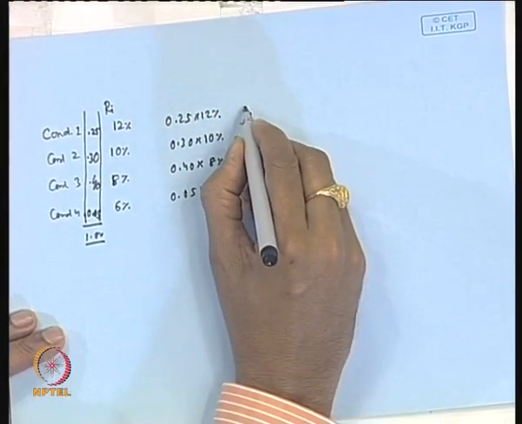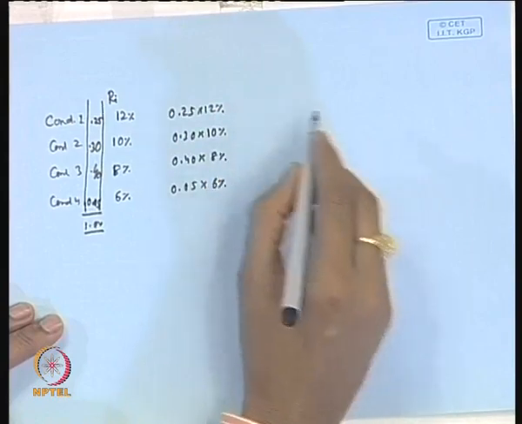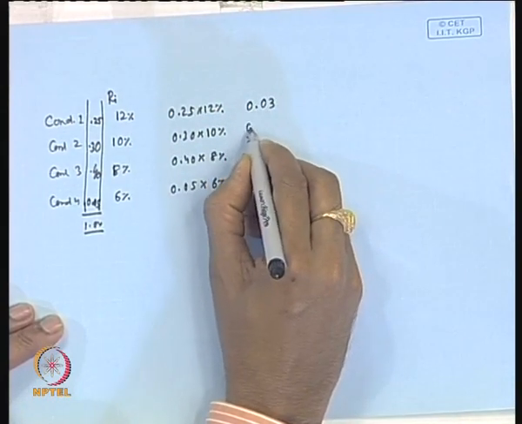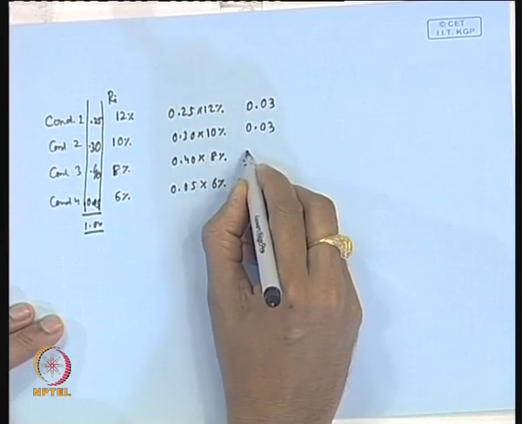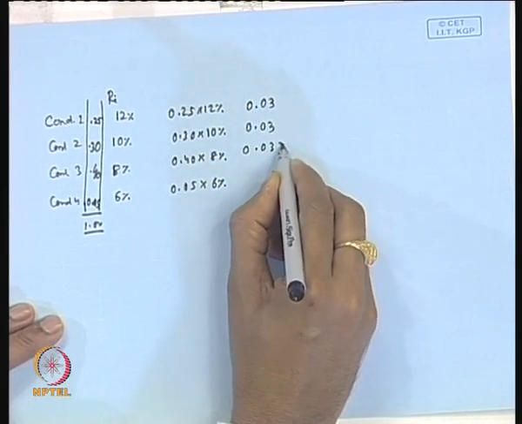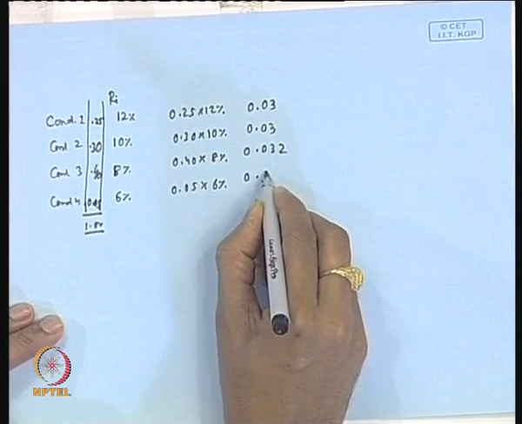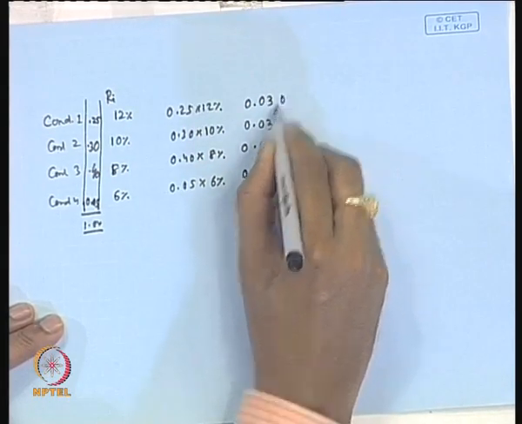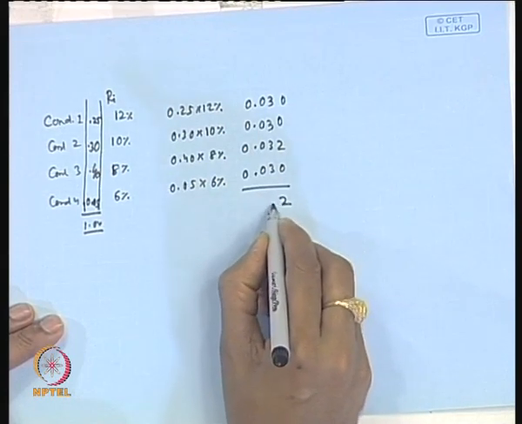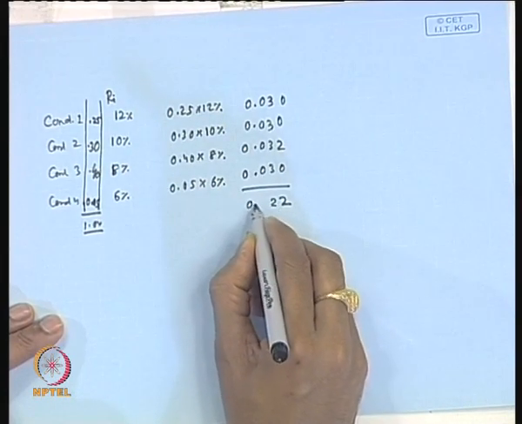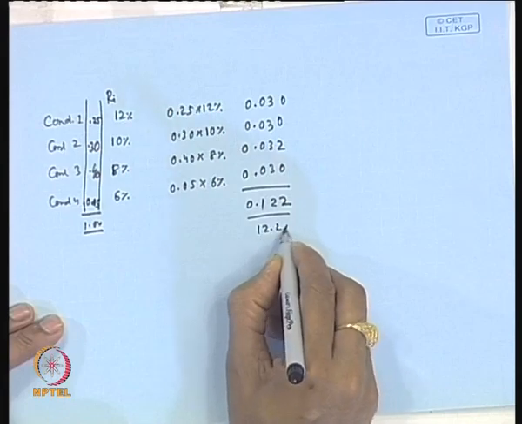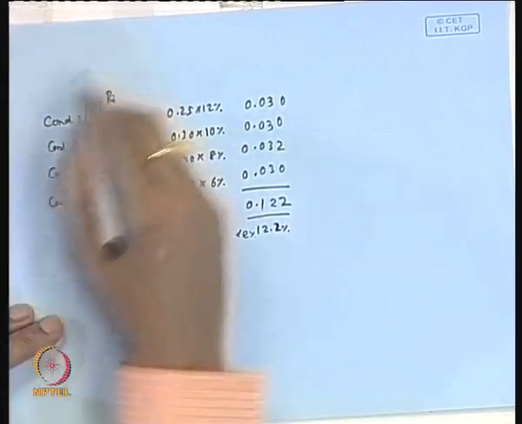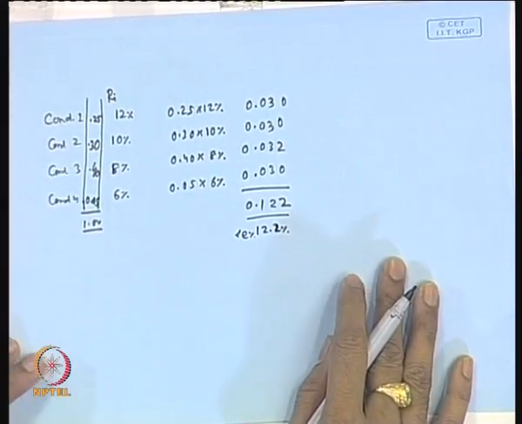So, what we get here is 0.03, this also gives 0.03, then we got 0.032 and then we have got 0.003. The total of this gives you 0.122, that is 12.2% is the expected return from the asset depending on 4 different conditions.